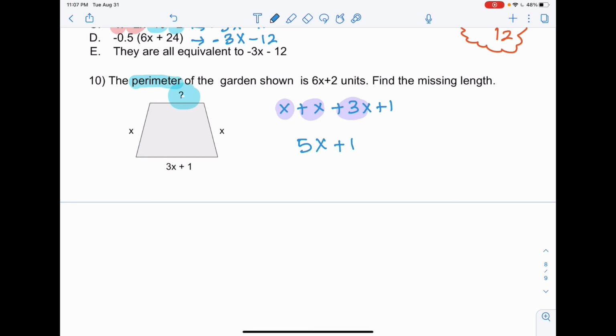So the sum of three sides will be 5x plus 1. Now let's go ahead and subtract the sum of three side lengths from the perimeter to see the missing side. So we're looking for perimeter minus sum of the three side lengths.